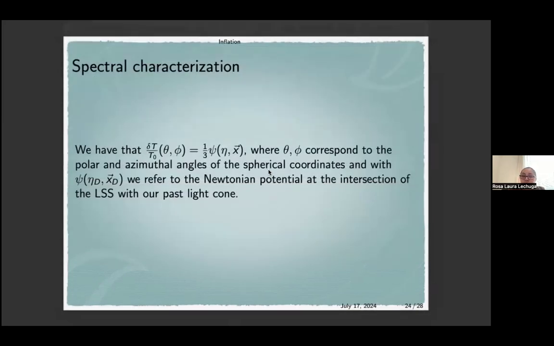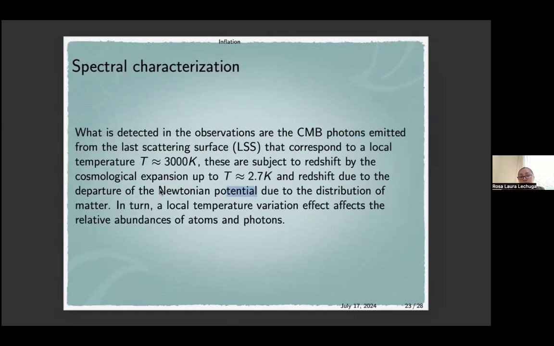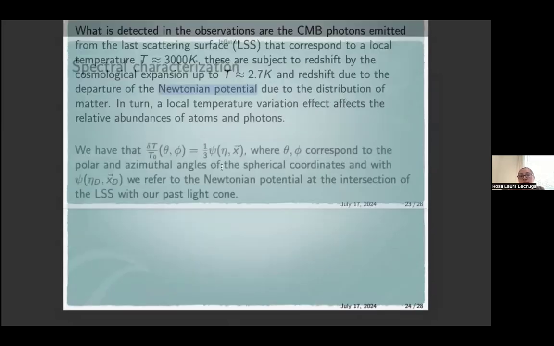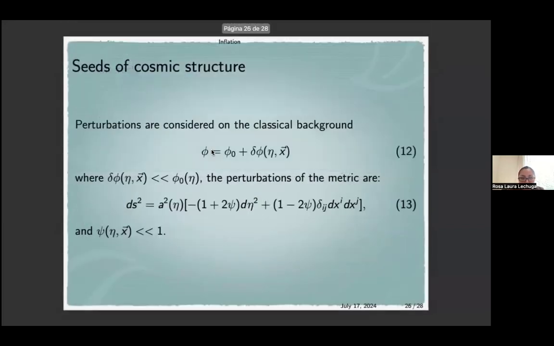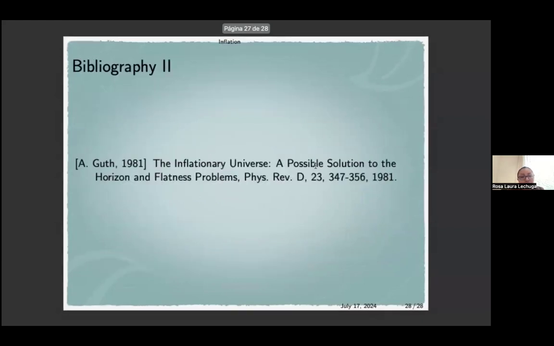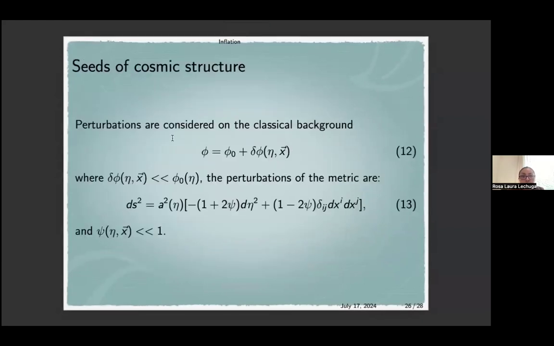Sorry again, this potential is usually represented by this part, and is related. Let me, sorry for this. When we consider the perturbations on the classical background, we focus only on this part. The perturbations on the metric are written in terms of this quantity.